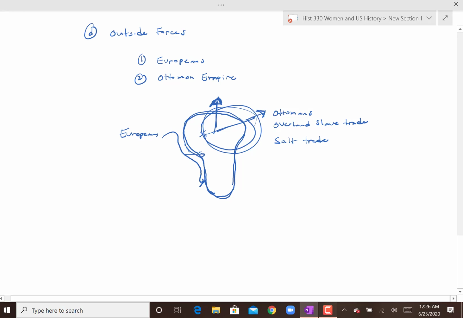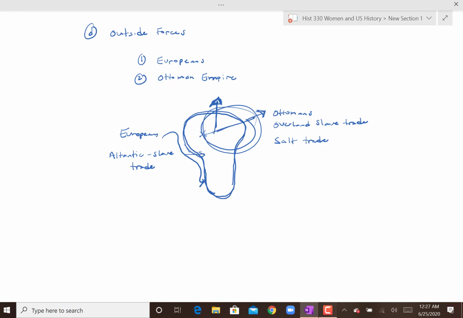So this is what's going to be the Atlantic slave trade eventually. The Ottomans went back to the areas that they controlled in the Middle East and the surrounding areas, and the Europeans started the Atlantic slave trade. And they were very, very different in process and structure.